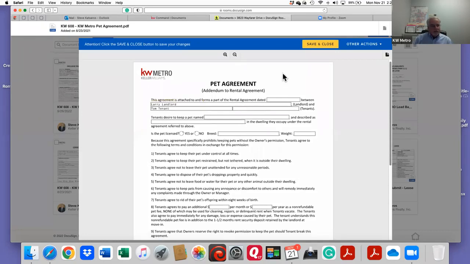Bottom line is you cannot discriminate against any emotional support or service animal. Even if somebody had a pit bull and you weren't comfortable with that breed, if they had the certification, a service animal, of course, goes through a lot more documentation and training than an emotional support animal most of the time.